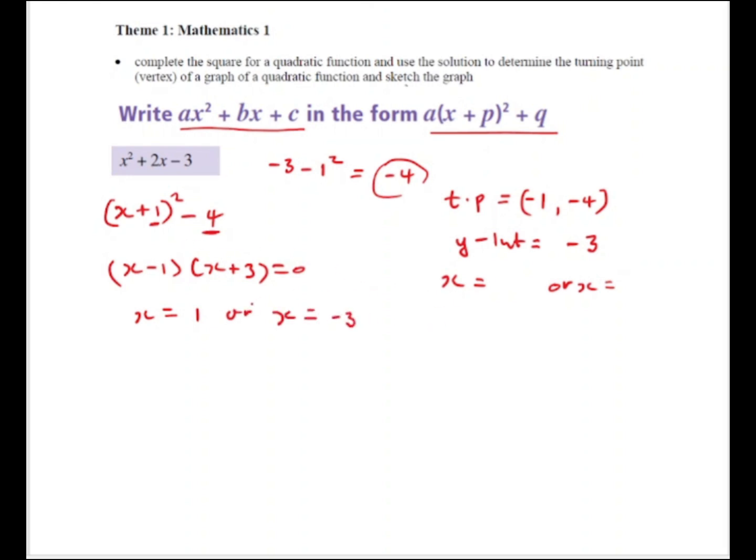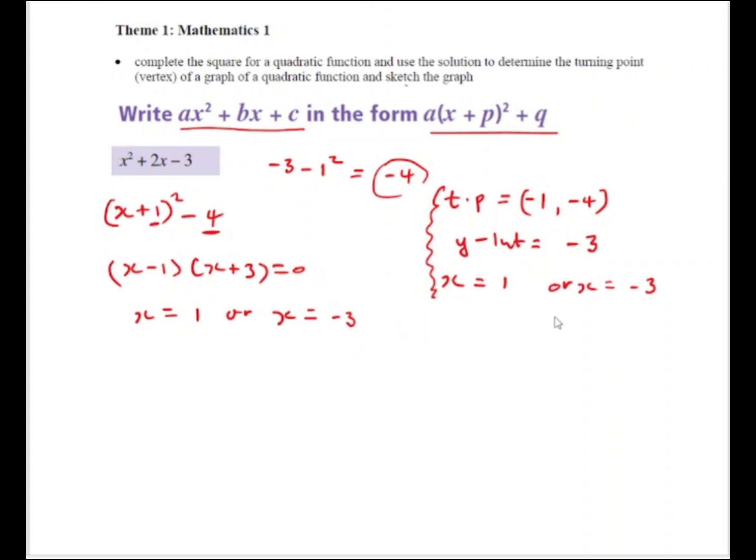That means the two roots where the graph will cut the x-axis are positive 1 and minus 3. Once we get these three pieces of information, we can easily sketch our quadratic graph.